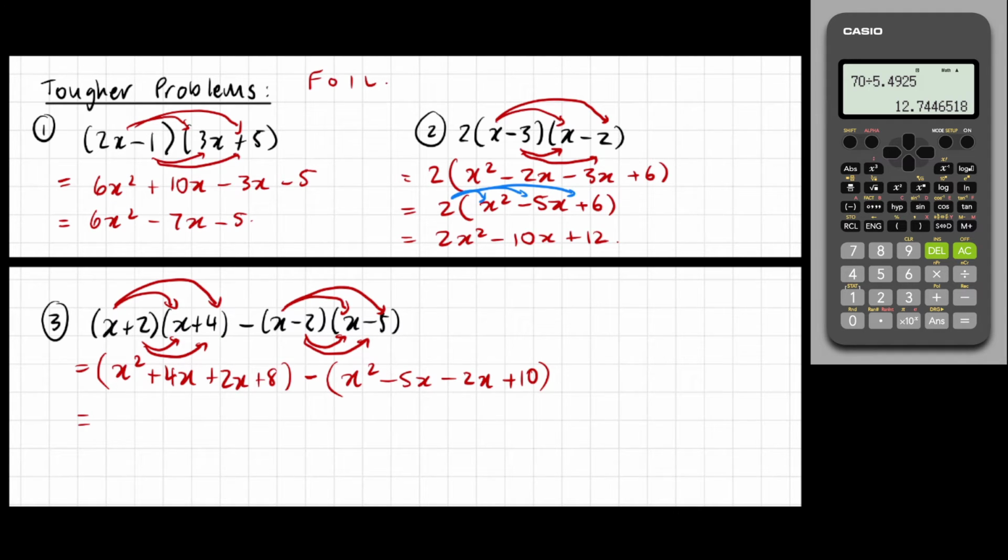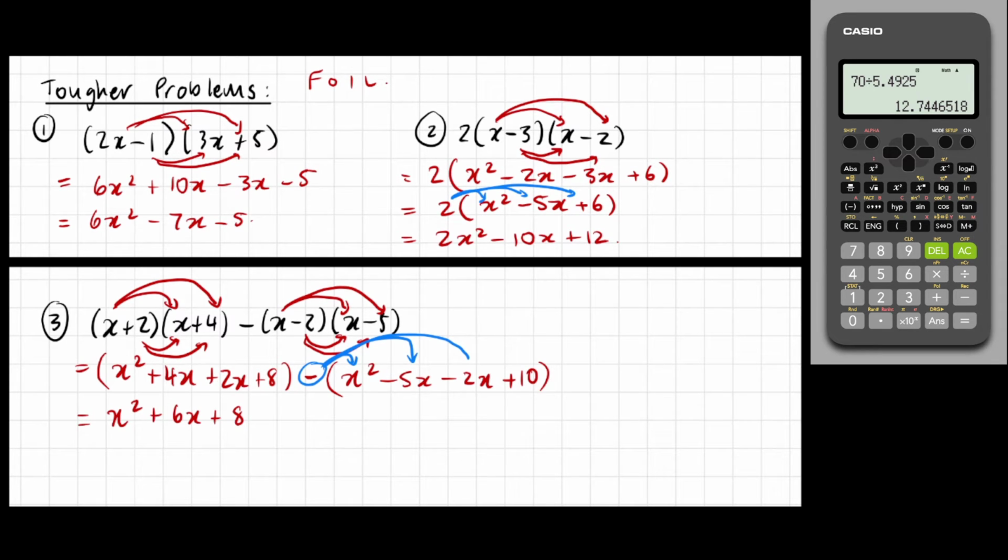So as I said, we've got this negative here now. So this first set of brackets I don't really need, so I can get rid of these as they stand, but I do notice I've got a 4x and a 2x, so I'm going to put those together. That's going to become 6x. Now, this negative out the front is basically going to turn everything on the inside of these brackets into the opposite of what it is.